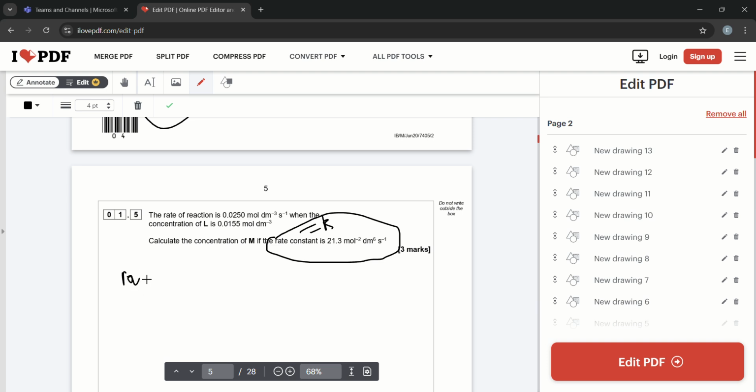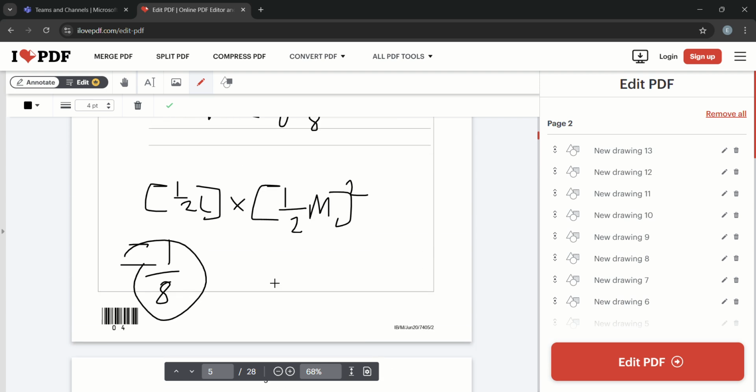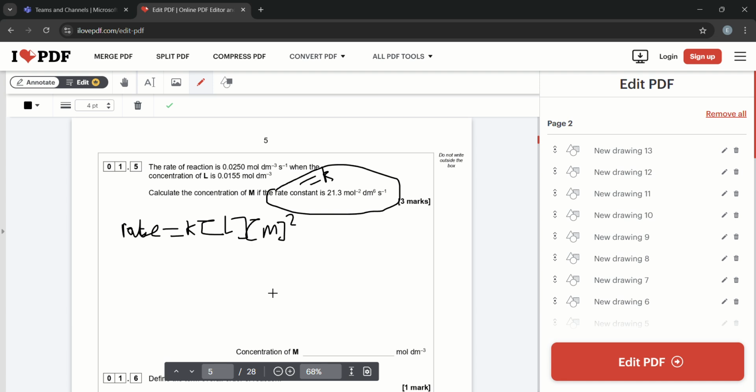Rate is equal to KLM squared. What are we trying to find? We're trying to find M. So we need to make M the subject of the equation. So we get M squared is equal to rate divided by K times by L. And we've got rate.